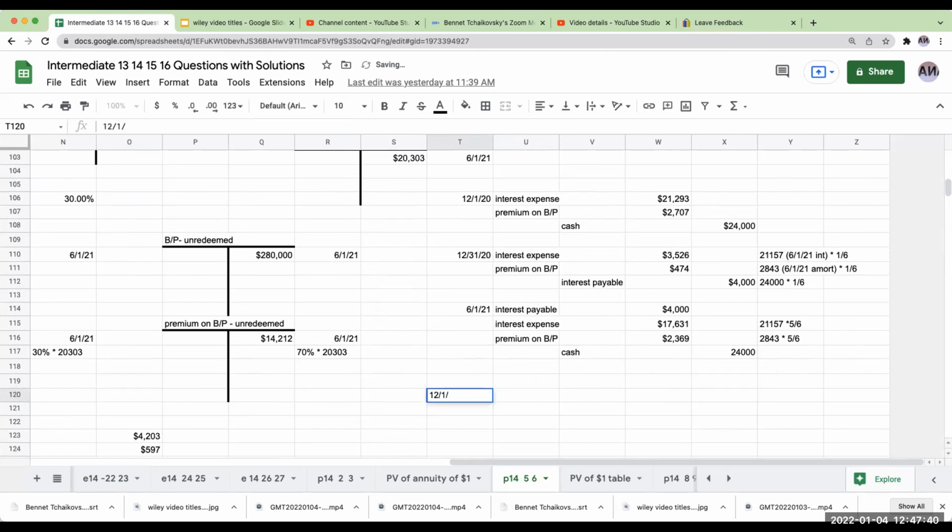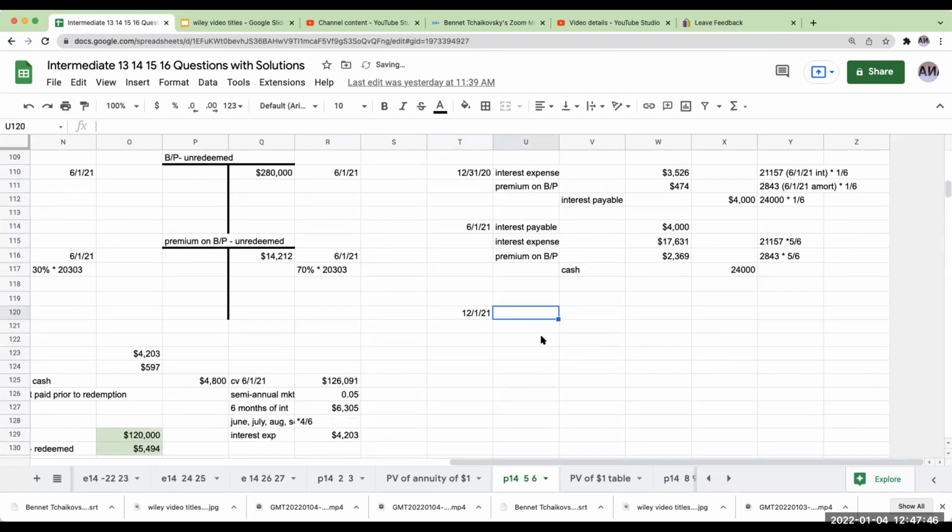So on 12/1/21, I have to record interest. My cash paid for interest is going to be 24,000, which is my semi-annual interest payment, times 70%, or 16,800. The other way of doing it, my face value is 280,000.